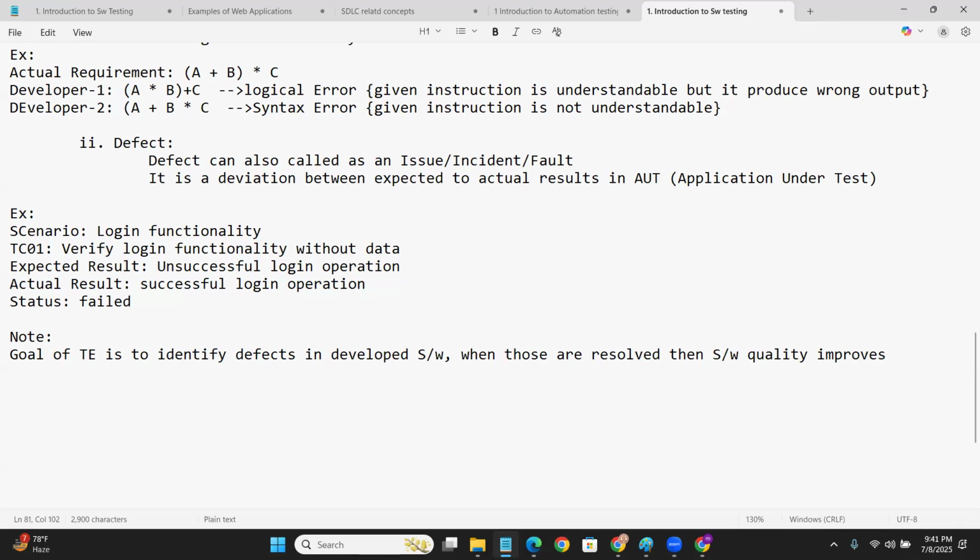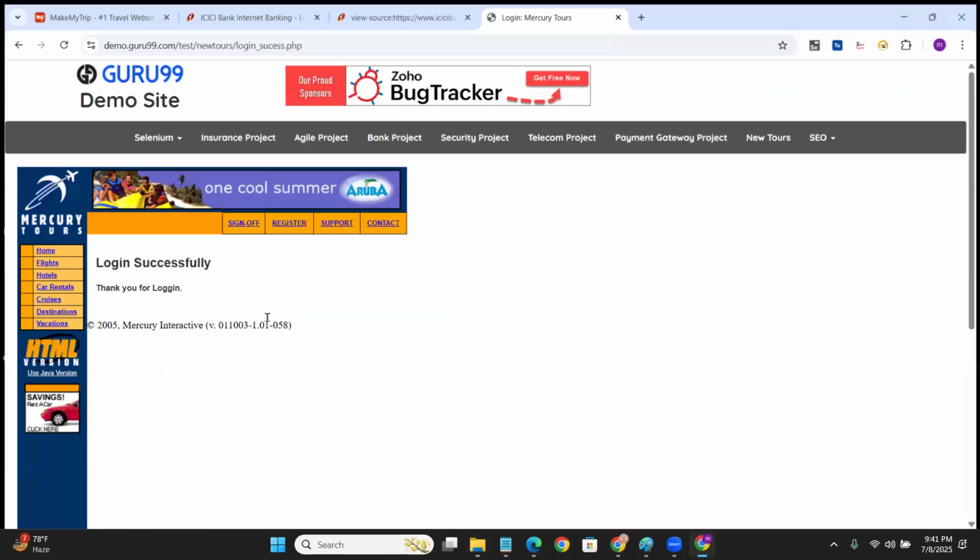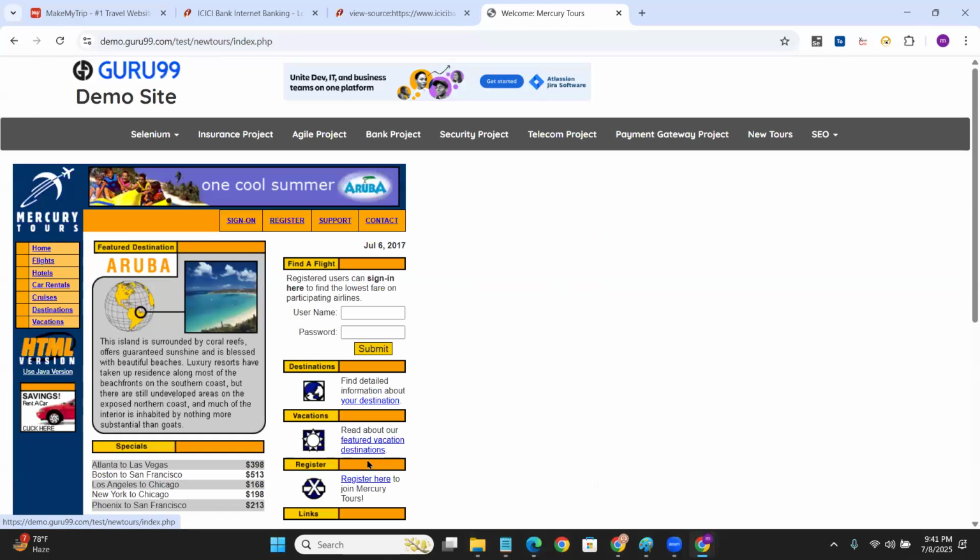Now, who is responsible to solve the defects? Developers, right? Now, see, my third term is bug. What does bug mean? Now, I am giving you a small assignment.